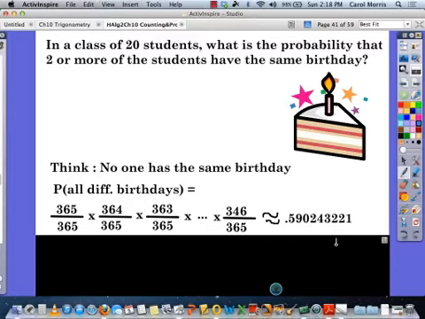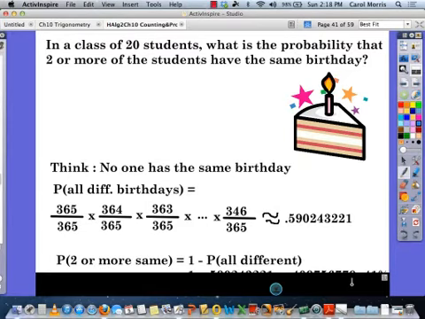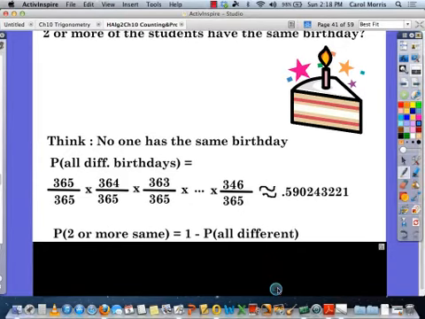With that, we want you to say, well, wait a minute, in this scenario, what if 2 or more were the same? We could think of it using our complement idea. 2 or more being the same birthday would be the same as 1 minus all different. That's our complement sample space: 1, and then all being different.